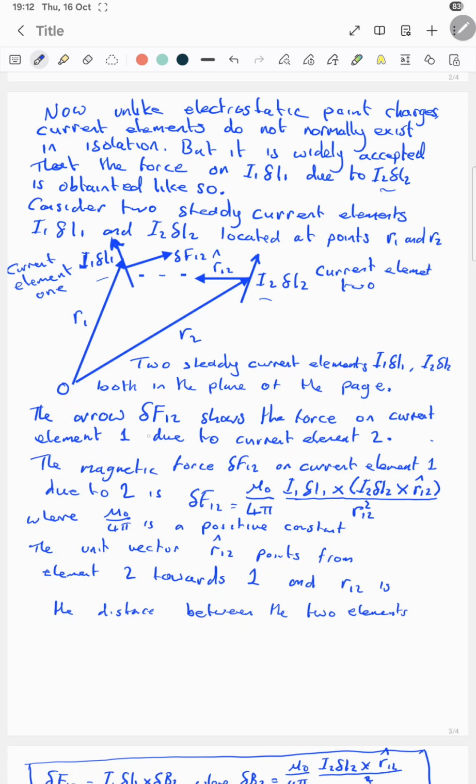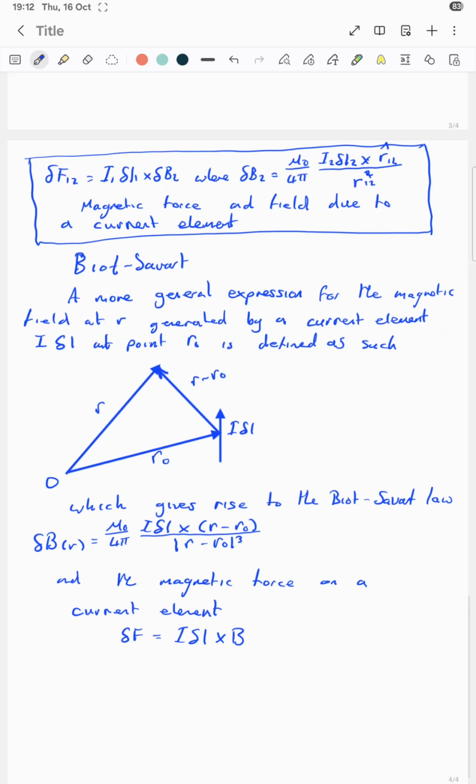The arrow delta F12 shows the force on current element 1 due to current element 2. The magnetic force delta F1 on current element 1 due to current element 2 is given here, where mu naught over 4 pi is a positive constant. The unit vector r hat 12 points from element 2 towards element 1, and r12 is the distance between the elements. Now here we're writing them down explicitly.